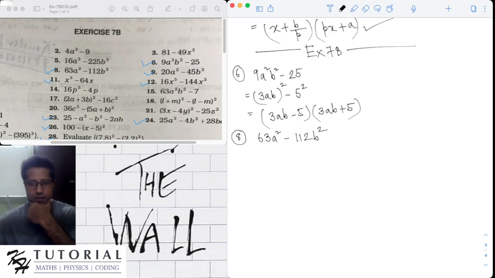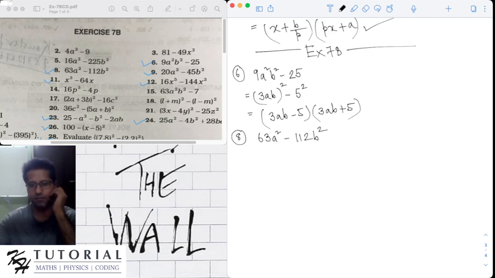So in the expression 63a square minus 112b square, a square is in the form of a square, b square is in the form of a square, but 63 is not the square of any number, and 112 is not the square of any number.